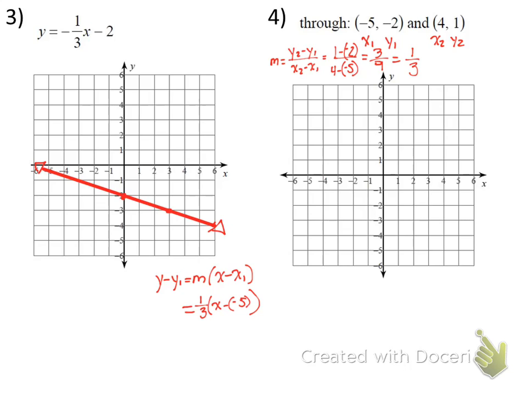Y1 is negative 2, so it's y minus a negative 2, which is just y plus 2. So you got y plus 2 is equal to 1/3 x plus 5/3. Okay, finish it off. We're not done yet. Y minus a negative 2, since y1 is negative 2. You have to subtract a negative, which is really like adding.